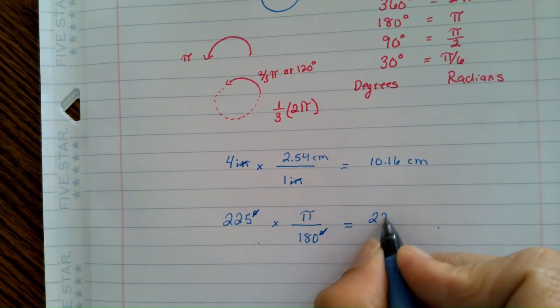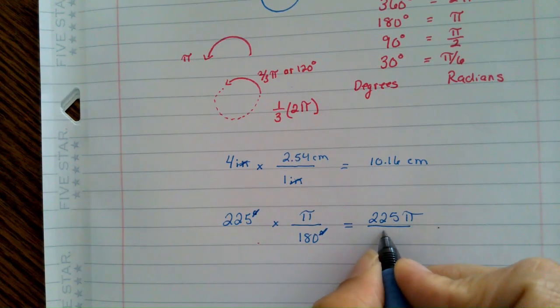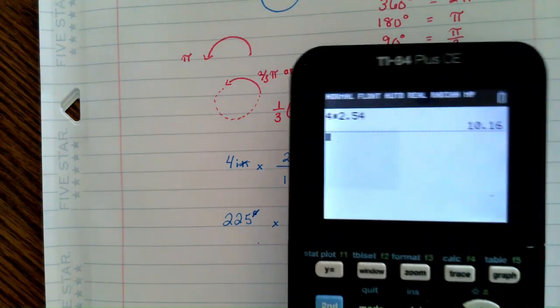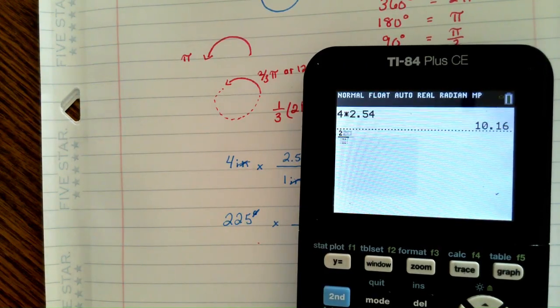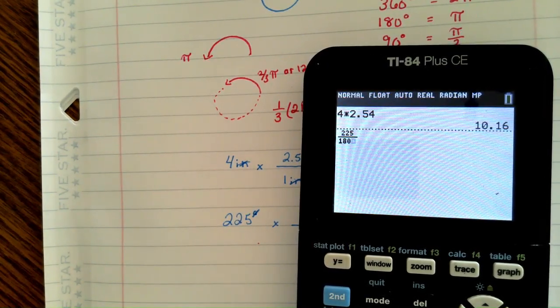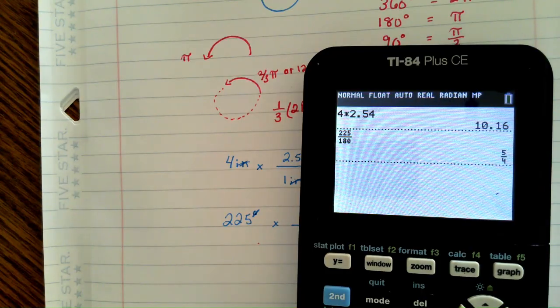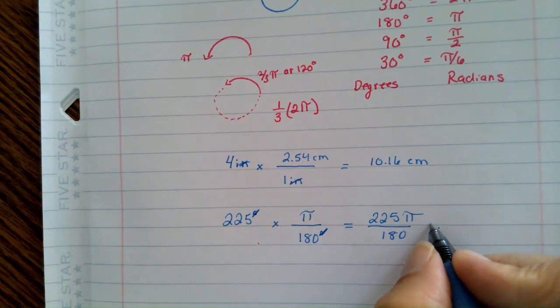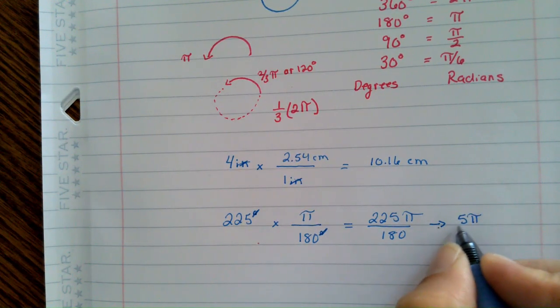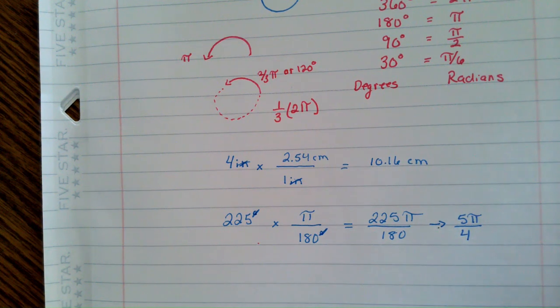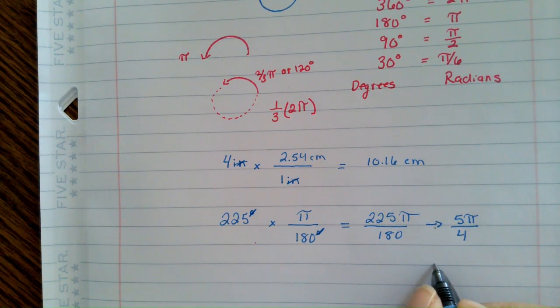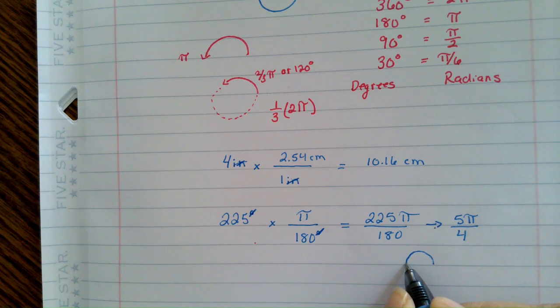And we'll have 225 pi over 180. And at that time, I usually grab my calculator. I don't, but I recommend students do. It automatically reduces it to 5 and 4. So we'd have 5 pi over 4. That's 1 1/4 pies, right? So half a lap, you get a pi. There's 1. And now we're 1/4 of the way to the next pi. Yep, that makes sense. That would be 225 degrees.